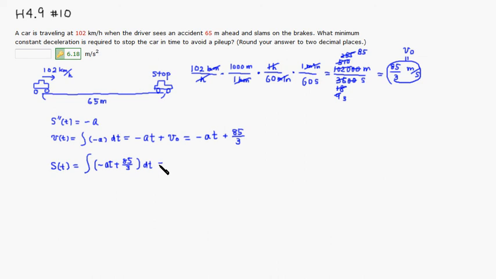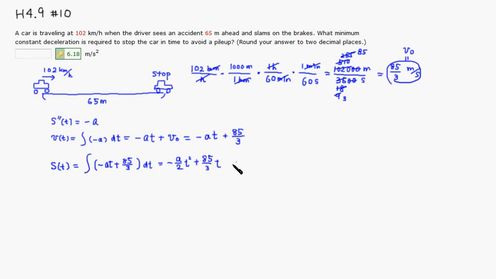So it's equal to the antiderivative, so negative a is just a constant. Antiderivative of t is t squared over 2. So we put that. Right? Antiderivative of 85 over 3 is 85 over 3 t. Right?